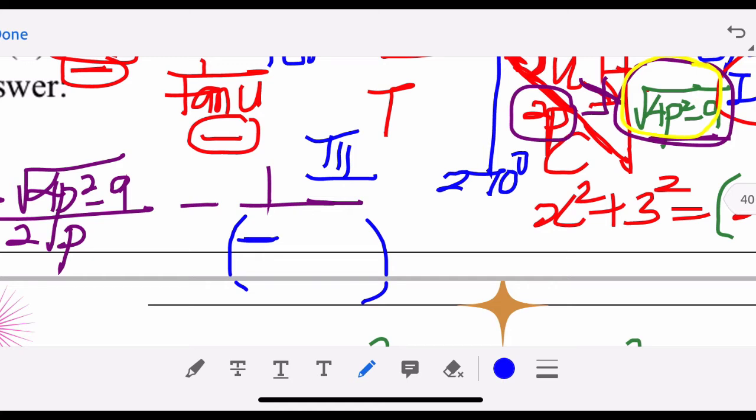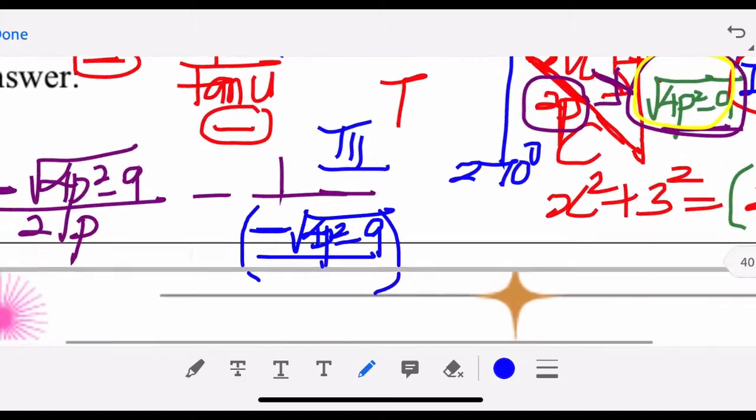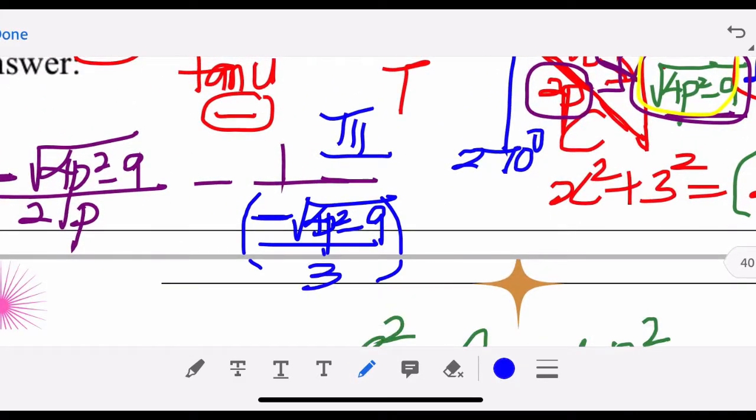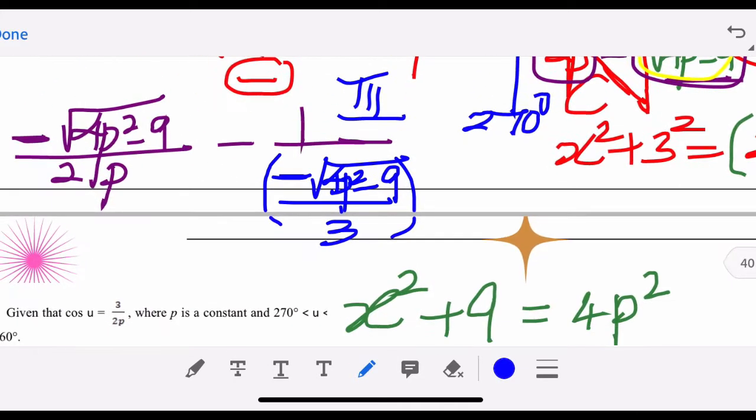The opposite length is square root of 4p squared minus 9, over the adjacent, which was 3, right? Be very careful when you solve.